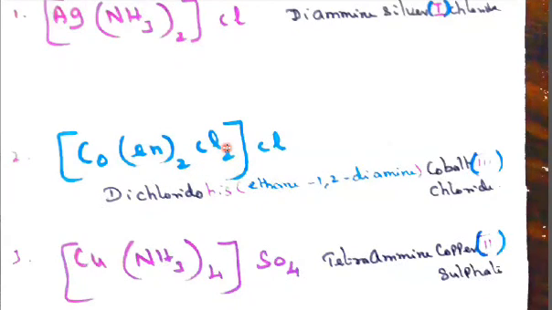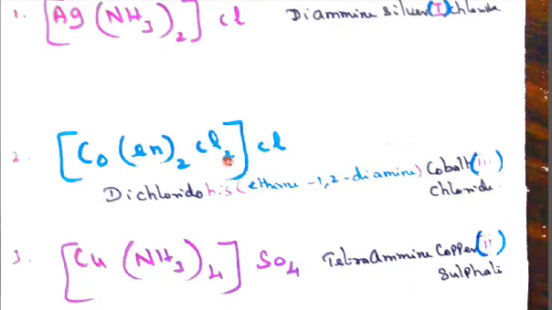Next example, [Co(en)2Cl2] enclosed in a square bracket, with the counter ion outside. This is the cation, this is the anion. We first say the cation. This en is ethylene diamine, a bidentate ligand, and this is chlorido, a unidentate ligand. We should use alphabetical order, so C should come first.